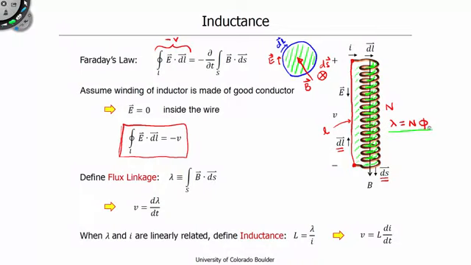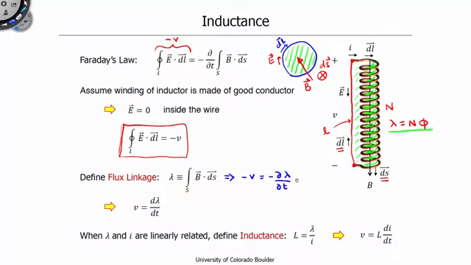For now, let's simply use this definition for flux linkage and substitute this back into Faraday's law. If we do that, we see that Faraday's law simplifies to minus V, where again V is the voltage across the terminals of this coil, equal to minus the time derivative of flux linkage lambda.